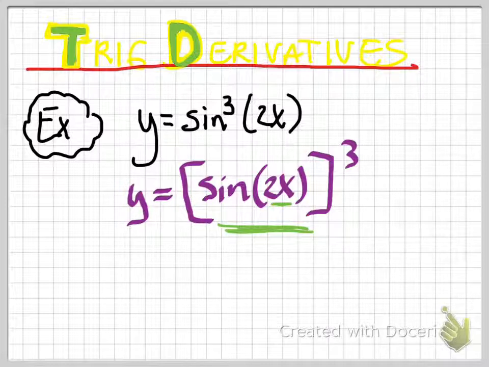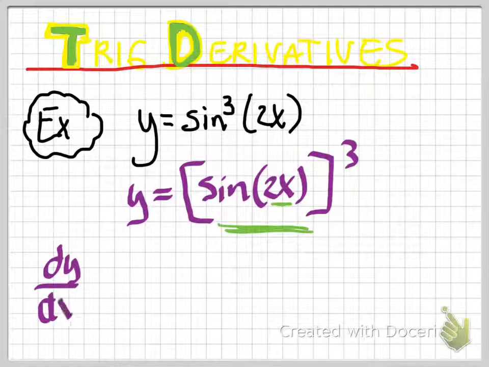We're going to find the derivative. So we're going to write dy/dx, the derivative, equals, and we're going to go through the process here. So it's the derivative of the inside. I'm going to start with deriving the very inside, right here, the 2x. So the derivative of the inside, derivative of 2x is 2, times the derivative of the outside.